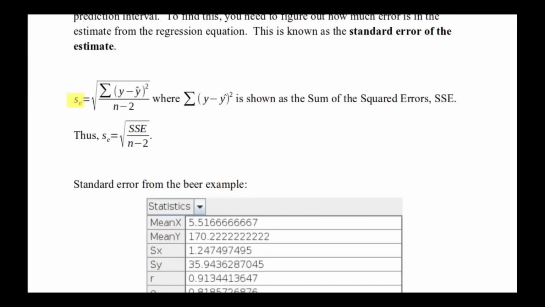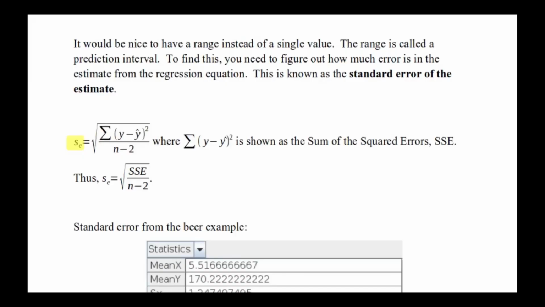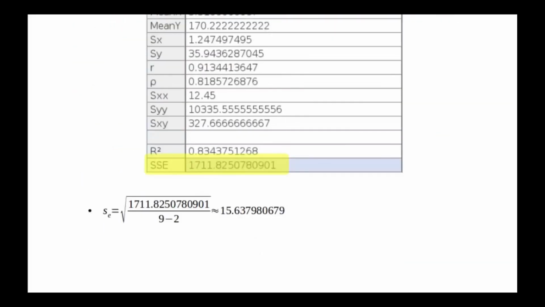So that's a nice way to shorten the process of finding the standard error of the estimate, is simply to use the SSE, that is the sum of the squared errors, from our calculator. We then simply have to divide that by n minus 2 and take the square root. So for this example, we find the sum of the squared errors, that is 1,711.825 and change, and divide that by 9 minus 2.